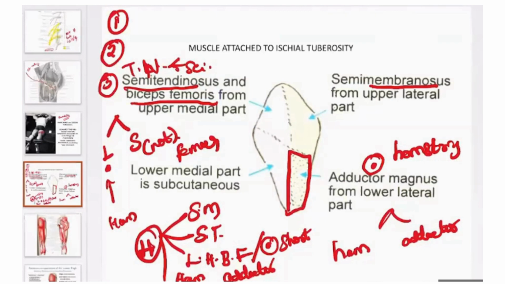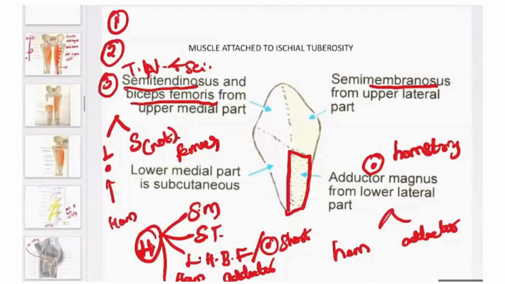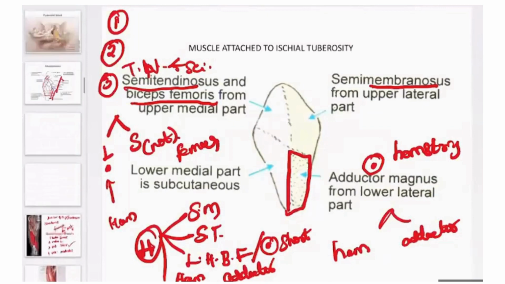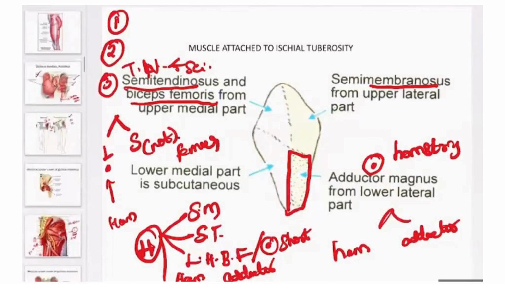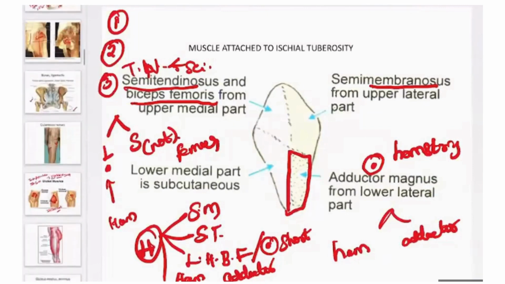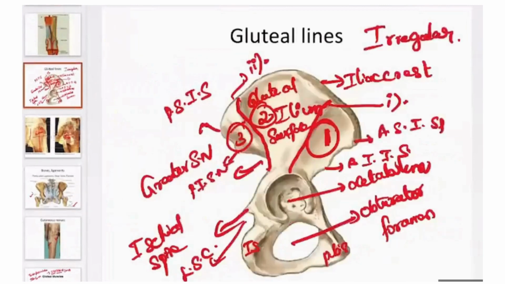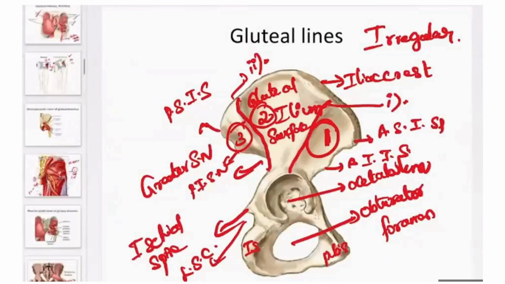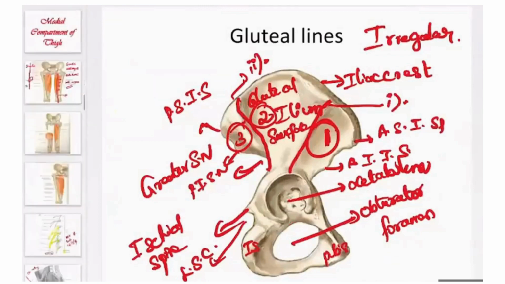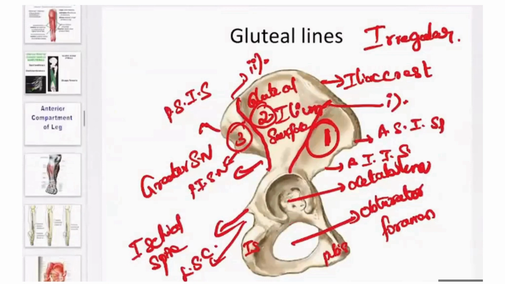Now you see on the picture for the origin, you divide the ischial tuberosity. You know the ischial tuberosity where it is present, right? And this is the ischial tuberosity, lower down. So the muscles take origin from the ischial tuberosity.